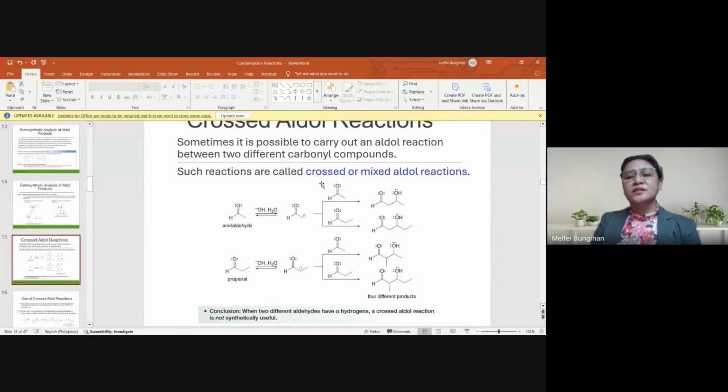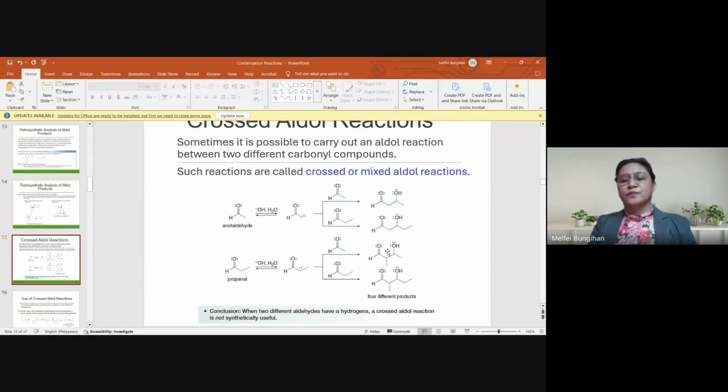So with the acetaldehyde becoming the electrophile, you will form this beta hydroxy compound. Now, if it reacts with propanal, you form this beta hydroxy compound. Now, your propanal can also do the same. It can do the aldol condensation with itself or with your acetaldehyde.